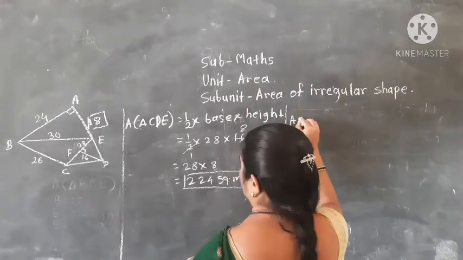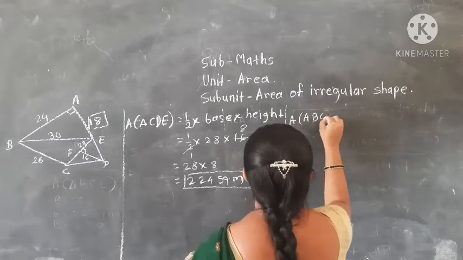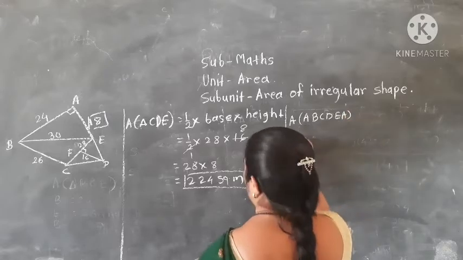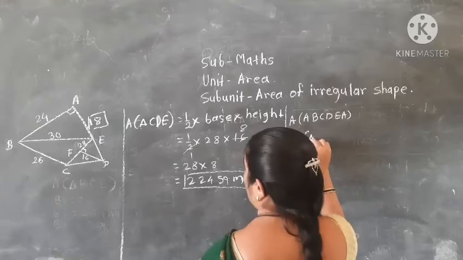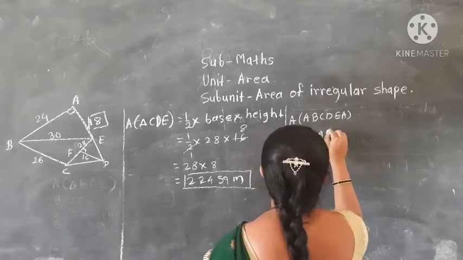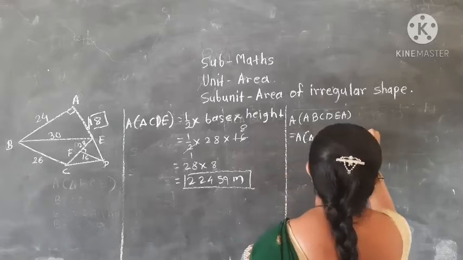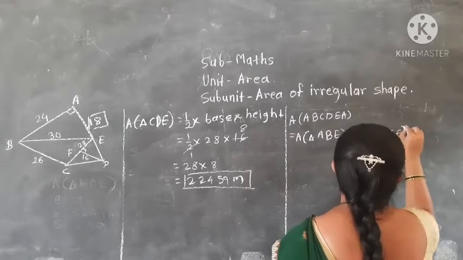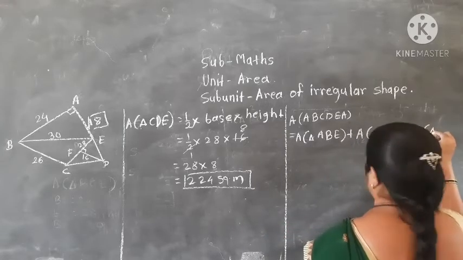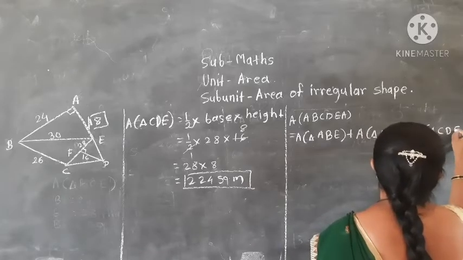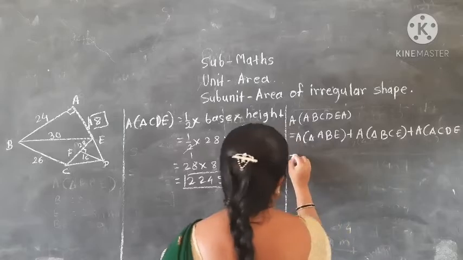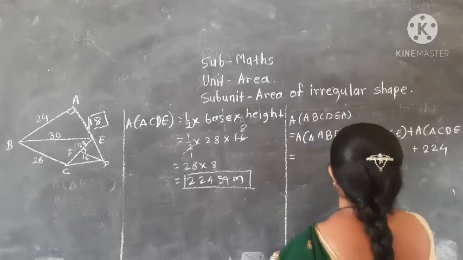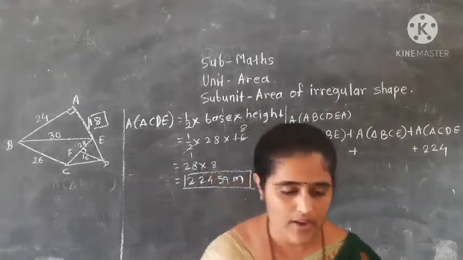Area of ABCDE is equal to area of triangle ABE plus area of triangle BCE plus area of triangle CDE. Let's add these values. CDE is equal to 224.